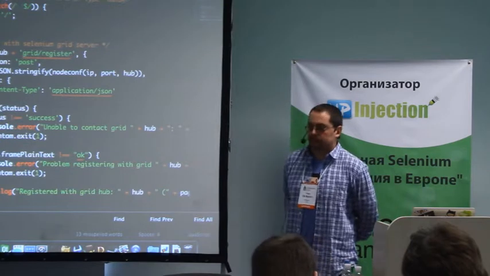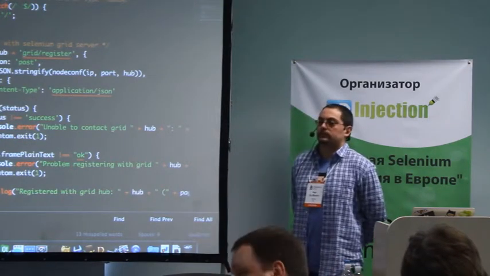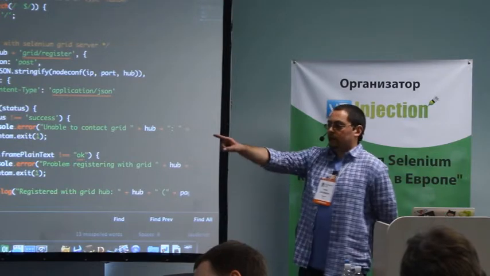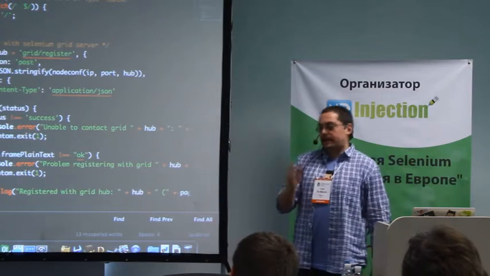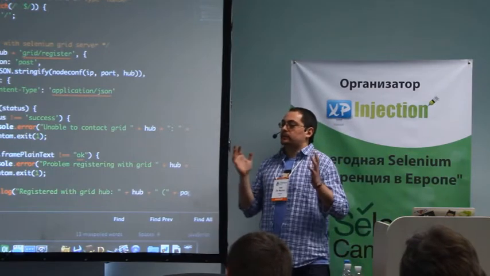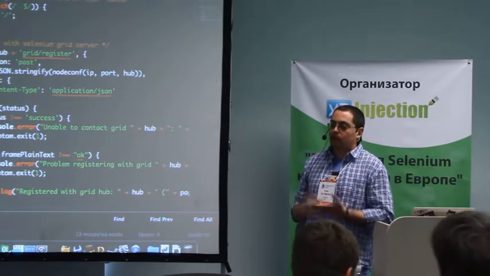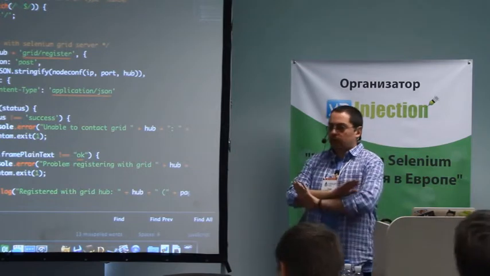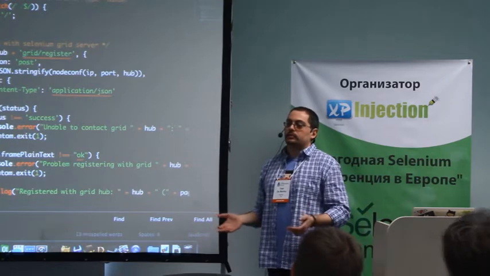I would like to ask the following question. HTML unit driver is pretty popular for running in headless mode. So how would you compare HTML unit driver to this kind of stuff? HTML unit, not being a real browser, has issues with very large frameworks. I have personal experience with YUI3, the Yahoo UI framework. HTML unit cannot handle it. It's just too complex, too big for HTML unit to deal with.